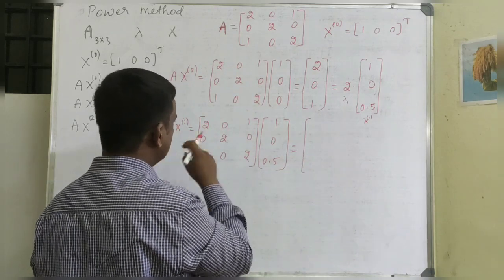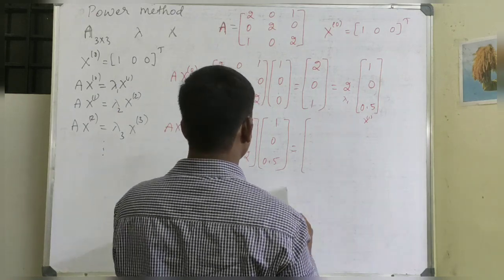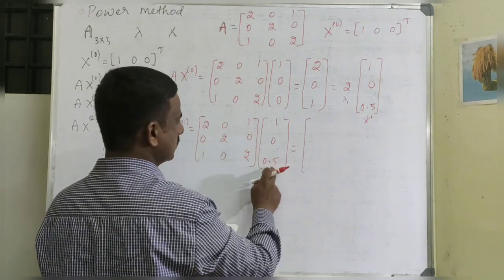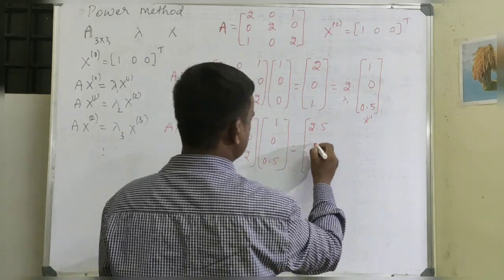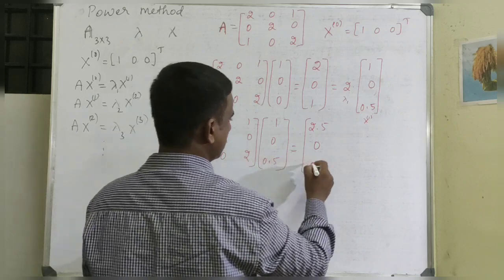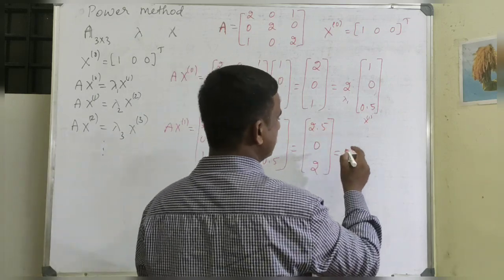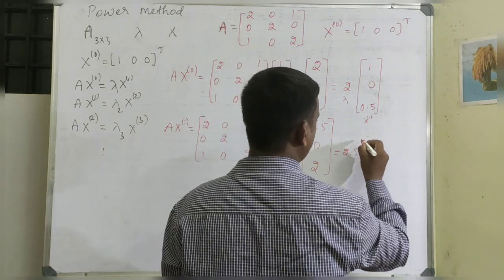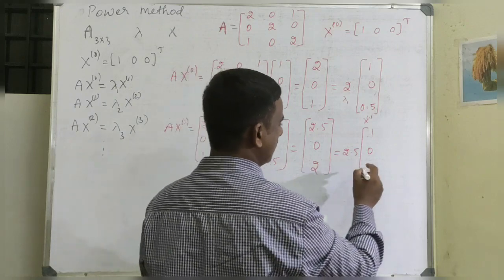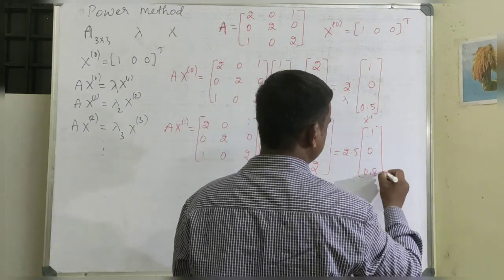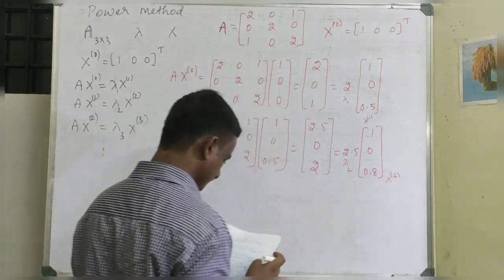So it will be 2 plus 0.5, that is 2.5, plus 0, and 1 plus 1 is 2. So here 2.5 is the maximum number. Taking 2.5 outside, you get 1 0 0.8, since 2 divided by 2.5 is 0.8. So this is lambda 2, this is x2.